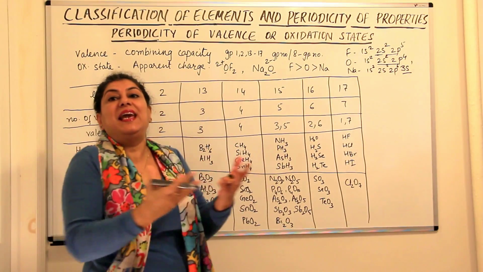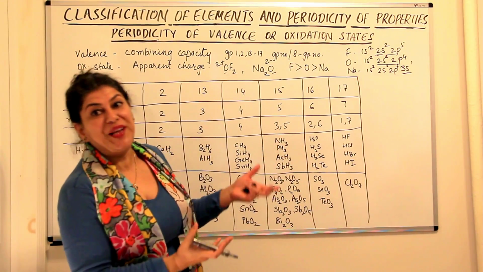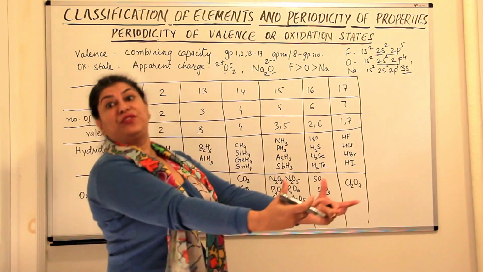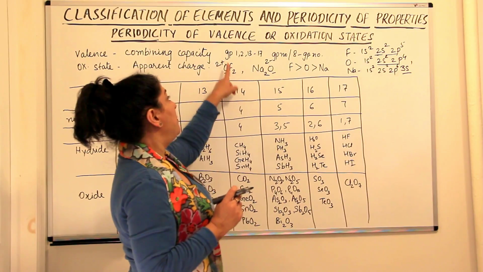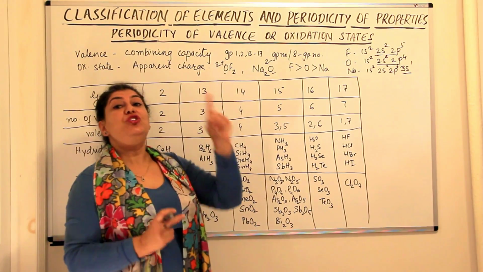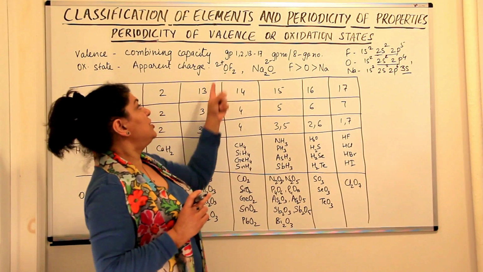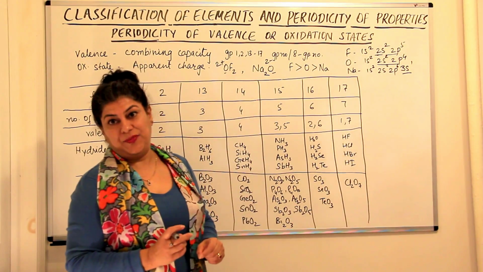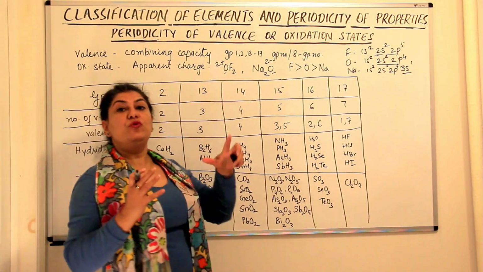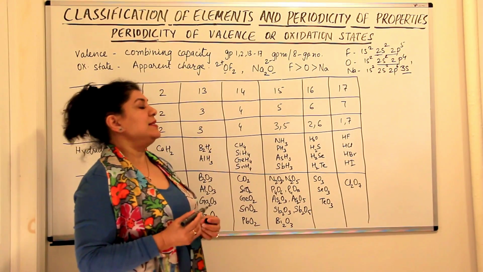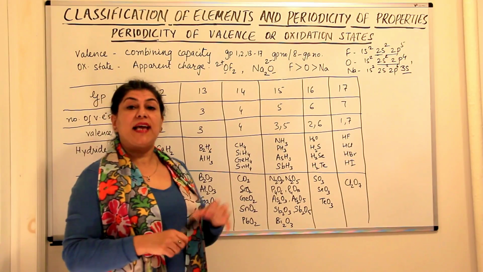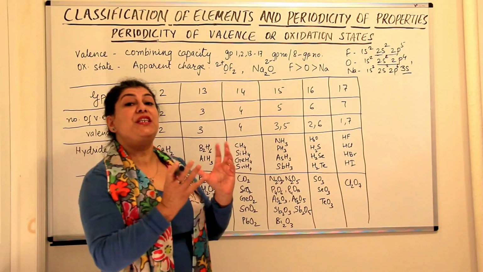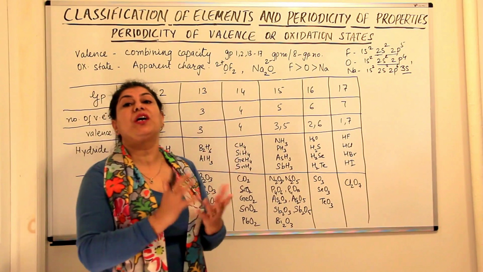It appears to be giving electrons to the 2 fluorine atoms. So although it is not an ionic bond, it is not actually transferring the electrons, yet the apparent charge on oxygen here is 2 positive. We call this apparent charge the oxidation state. So oxidation states are used more in comparison to valence these days because the oxidation state tells you about the comparative electronegativity difference between the 2 elements which are combined together.